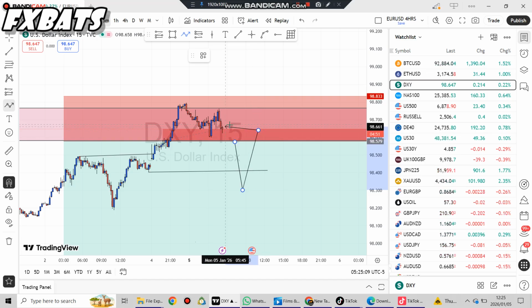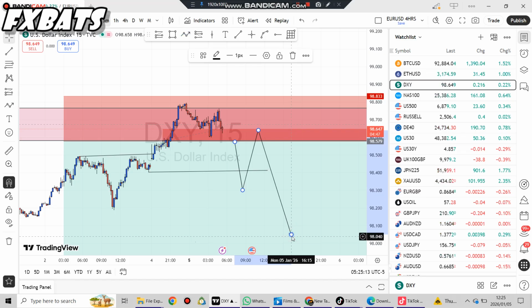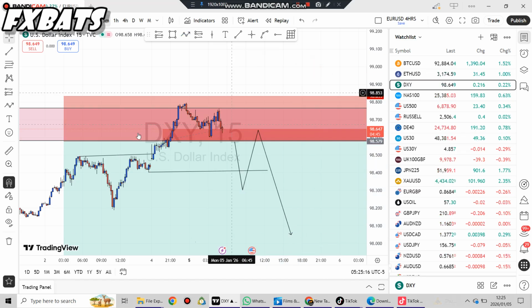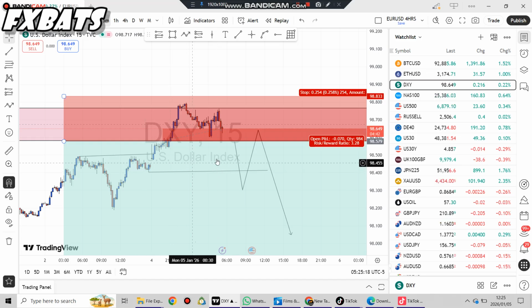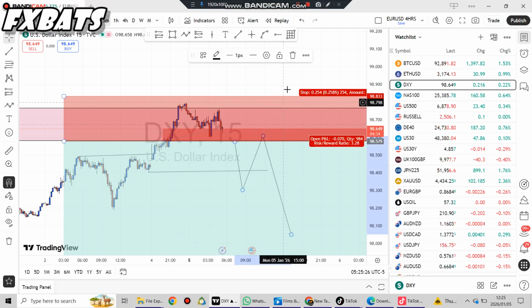Then it will leave behind an area of supply which I will use to enter shorts. This is what we call a displacement. If price displaces below, it gives us a choke. It will be a low risk sell, and this is what I'll take.